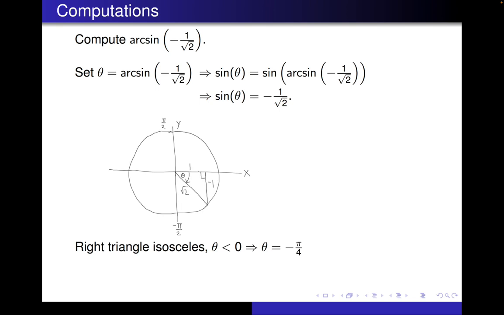That means theta has to be -pi/4. That's -45 degrees if you're a degrees person, but we're doing radians here. So our theta is -pi/4. Remember, our theta was also equal to arc sine of -1 over root 2. So if theta is arc sine of -1 over root 2 and theta is equal to -pi/4, we can put those together to get arc sine of -1 over root 2 is equal to -pi/4.